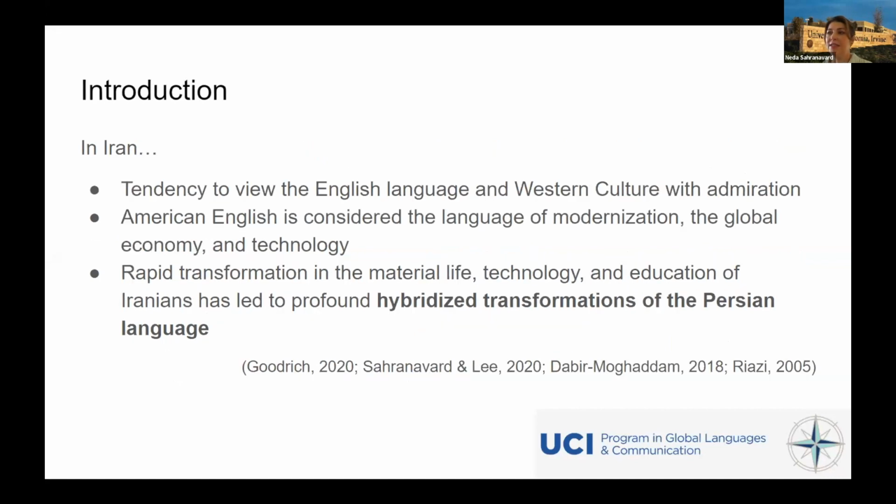In Iran, there's a tendency to view English language and Western culture with admiration. American English is considered the language of modernization, the global economy, and technology. And rapid transformation in the material life, technology, and education of Iranians has led to a profound hybridized transformation of the Persian language. I also have some resources that I'm sharing.